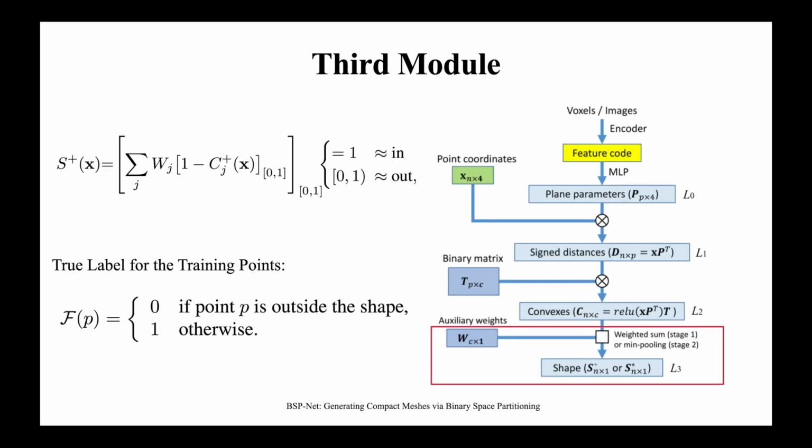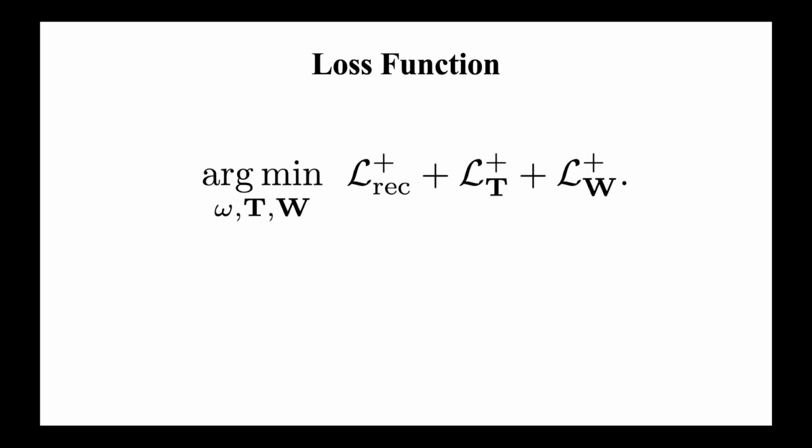To do the training, the authors use the loss function as shown below. So as you can see, this W and capital T, capital W are all matrices of parameters that the networks need to learn.